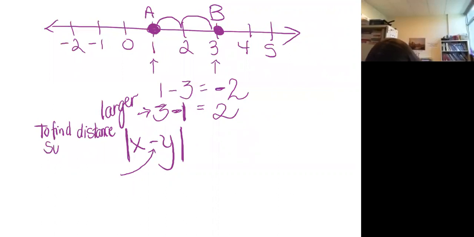And again, this is to find distance between 2 points on a number line. But then of whatever answer you get, you would have to take the absolute value to make sure that your answer would be positive, because we said distance is always positive. Okay, and so I'll show you this example. That's pretty typical GED.